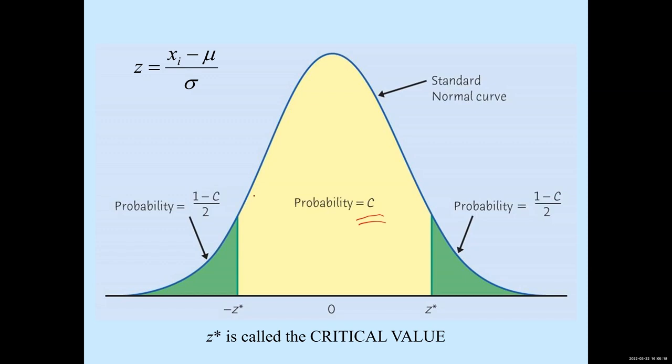Half of it is on one side, half on the other, because our distribution is symmetrical. So we're going to find the values of Z by first finding this 1 minus C over 2. That tells us the area that's in our left-hand tail. Then we can go to the standard normal table and find the negative Z value that's associated with it. Our positive and our negative Z values are going to be the same.